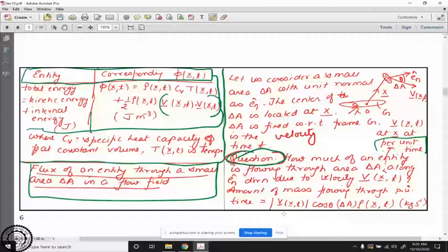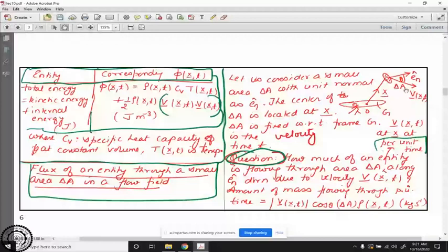Why cos theta? Take the extreme scenario in which Vxt is perpendicular to En. Then what will happen? The transporter is there, but it is oriented in parallel to the surface. So it cannot make any mass cross from the left of the delta A to the right of delta A, right? And the transporter velocity will be most effective in transporting mass if V is perfectly aligned with En, right?